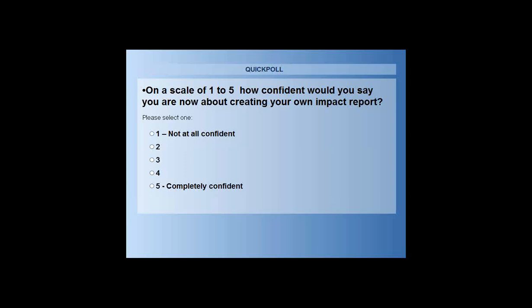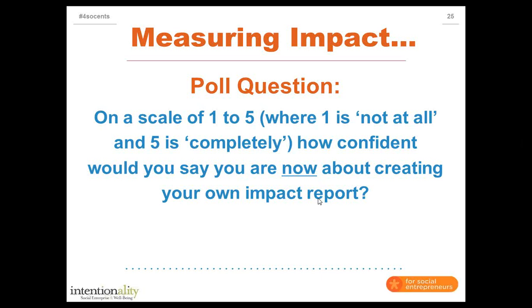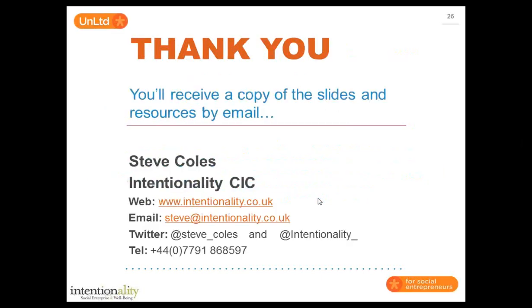We've got a big pool now, 64%, at level 4, and then 11% or thereabouts at completely confident, which is excellent. So thank you for doing that. That gives me a bit of a sense of how to report on this. For those that are interested, this is in fact how Intentionality itself reports on its impact, or one of the many ways in which we do is to communicate the distance travelled of those that we've worked with in exactly this regard.